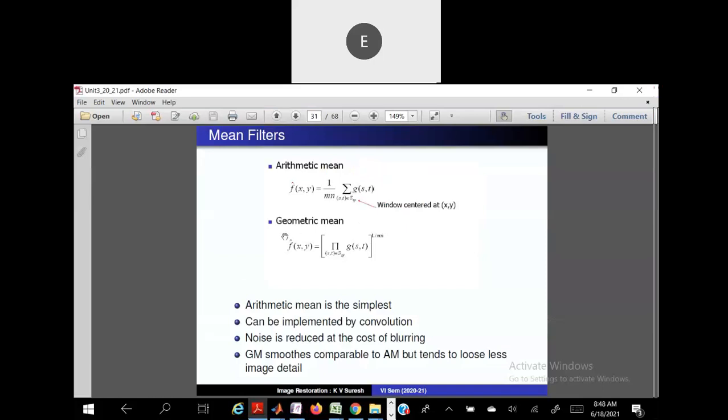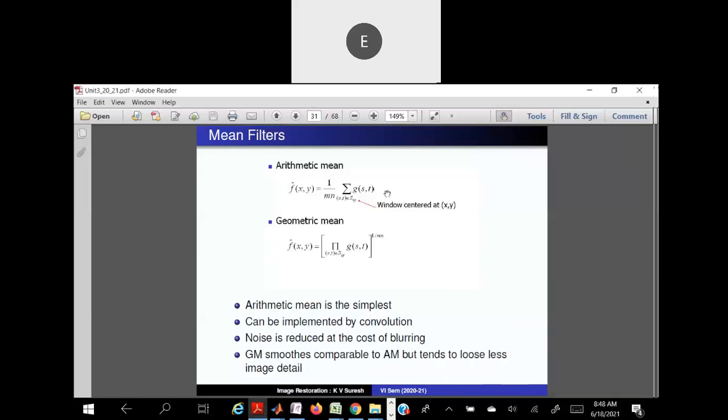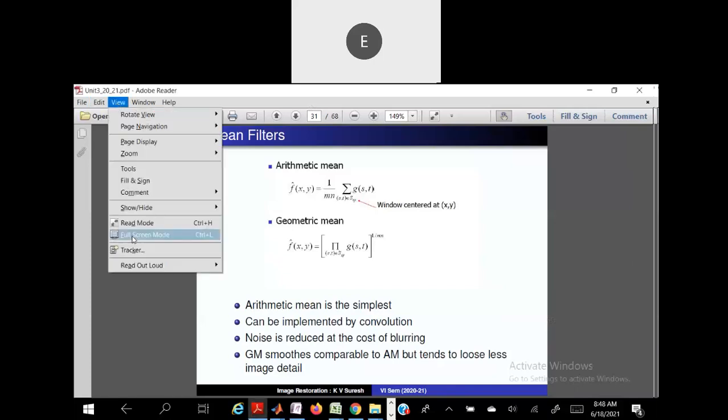Is that clear how the geometric mean filter works? Any doubt? Any doubt? No doubt. Okay.